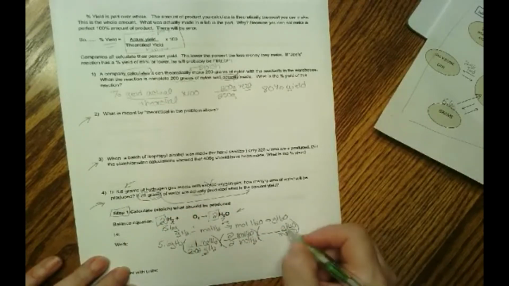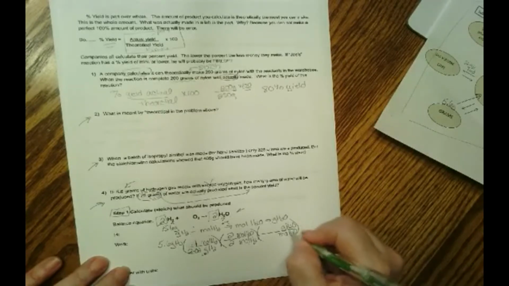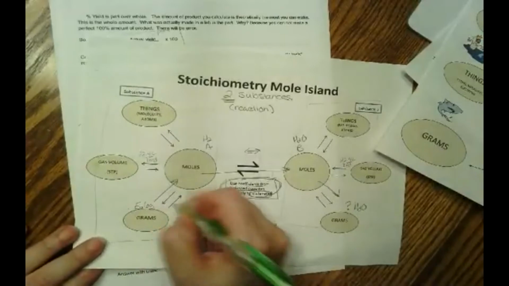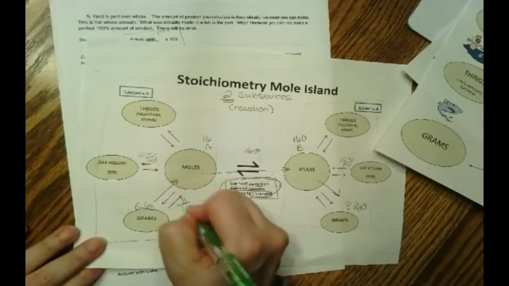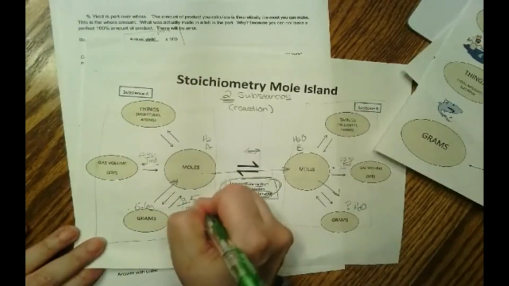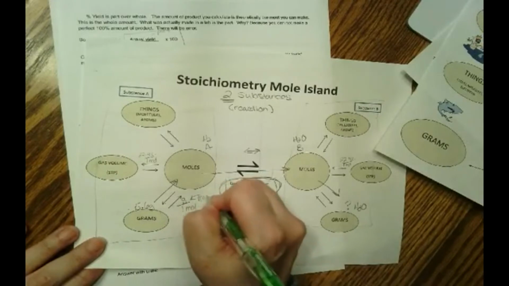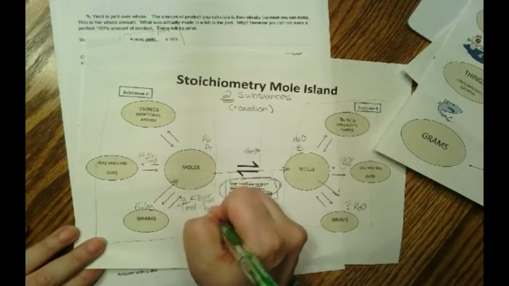Okay? Now, I am going from moles of water to grams of water. That would be your one substance conversion, which you can write on here. This is grams per 1 mole, and where do I get this? I get this from the molar mass from the periodic table.